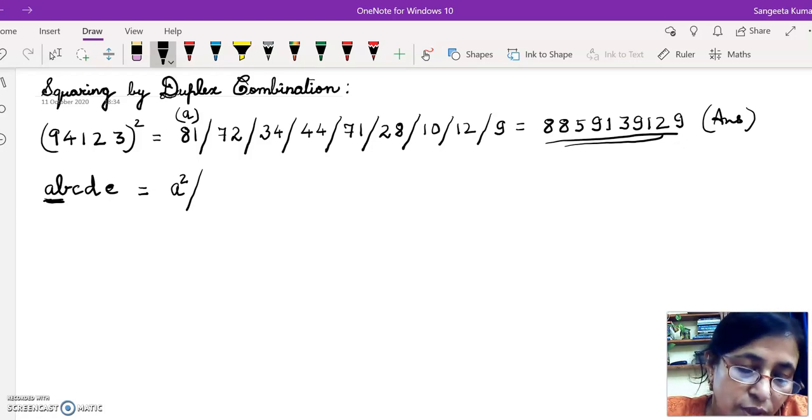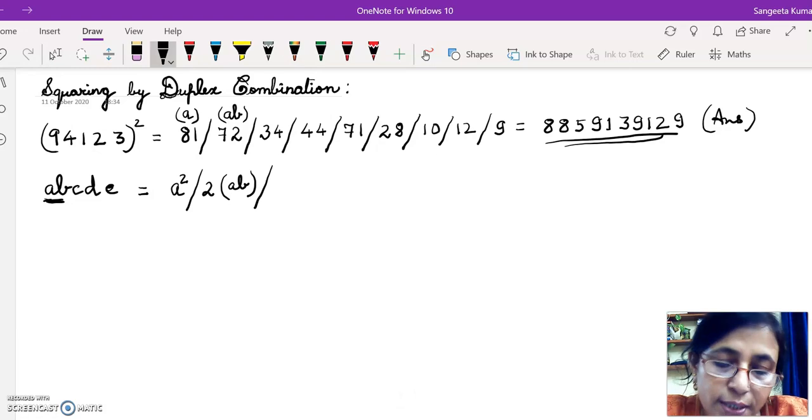Twice of the first 2 digits, that is 9 and 4. So the 72 I have got by taking A and B together, and here I have taken twice of A and B. This gives me the second part of my answer.